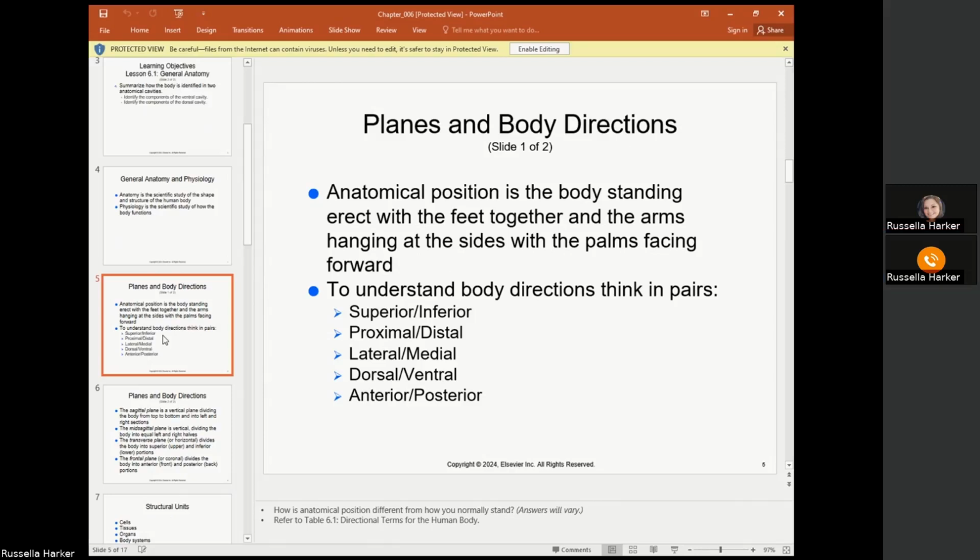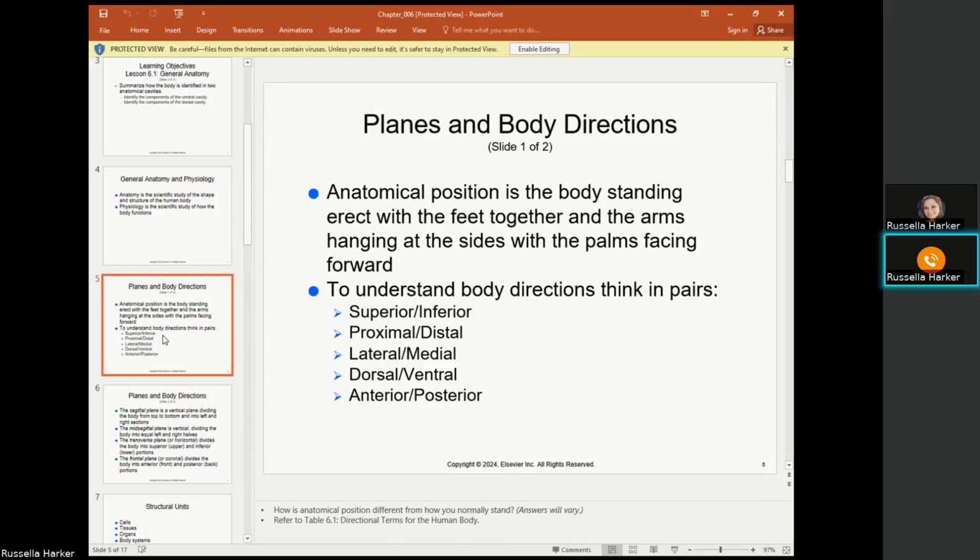Proximal and distal. Proximal is closer to the body, where distal is farther away from the body. Lateral and medial.